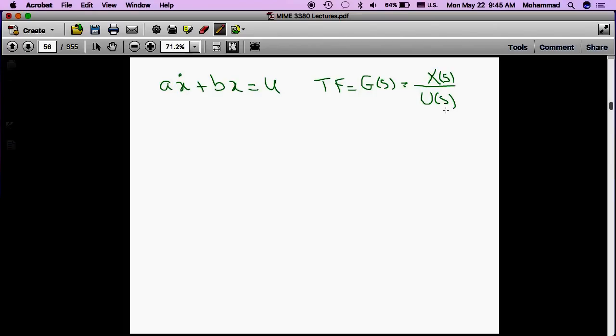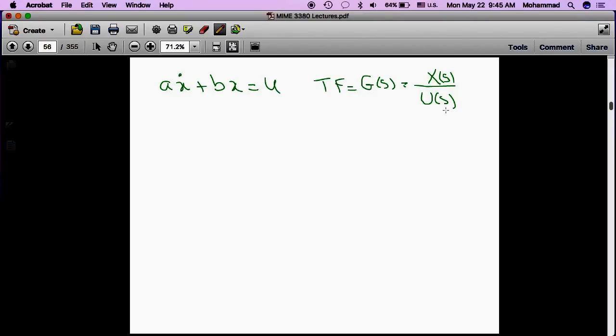That much I know, but the rest you have to tell me. What is the only piece of information that I have from the time domain? The only piece of information that I have is right in front of your eyes, and that's the differential equation. That essentially tells me how this system behaves. Isn't that the whole idea of a differential equation?